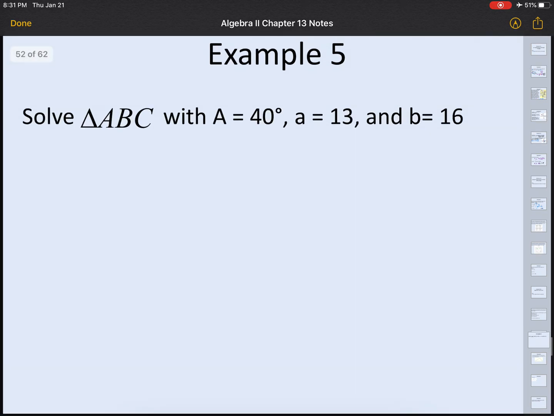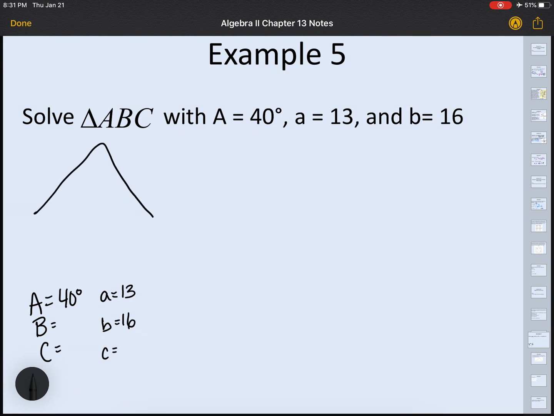In example 5, doing it again. Okay, we're going to try to solve triangle ABC with A being 40 degrees, side length A being 13 and side length B being 16. Okay.